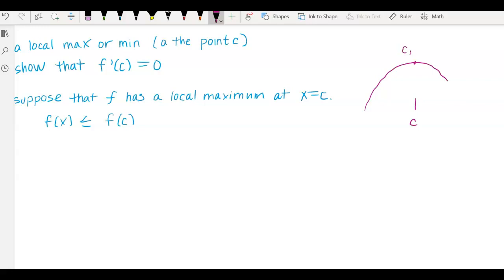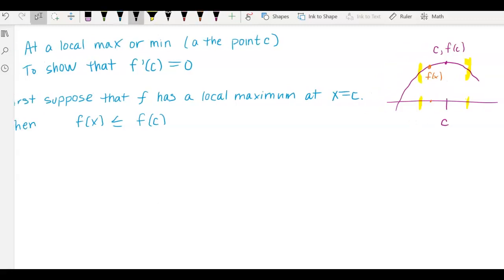This is the point c, f of c. If we take a neighborhood around this point, x values around here, any other f of x that I plug in, let's say here, is going to be lower than that f of c, right?